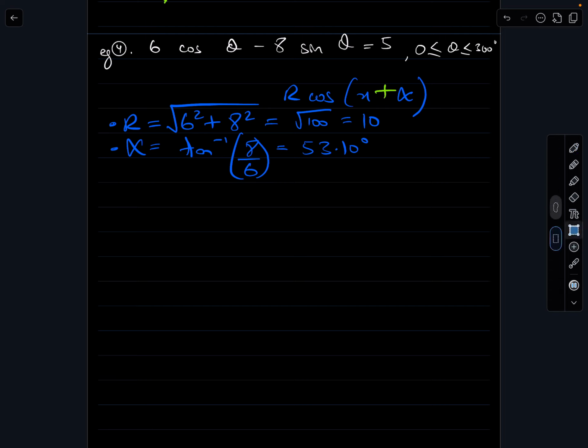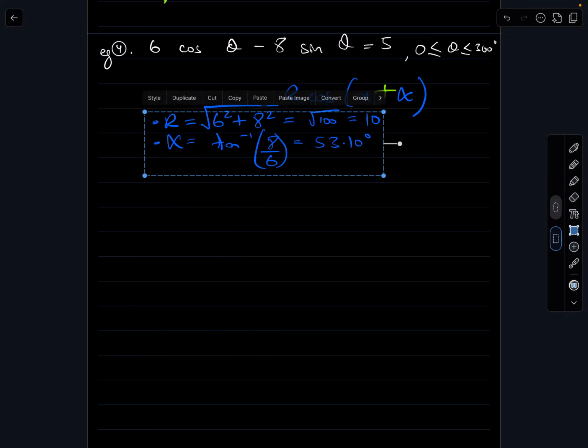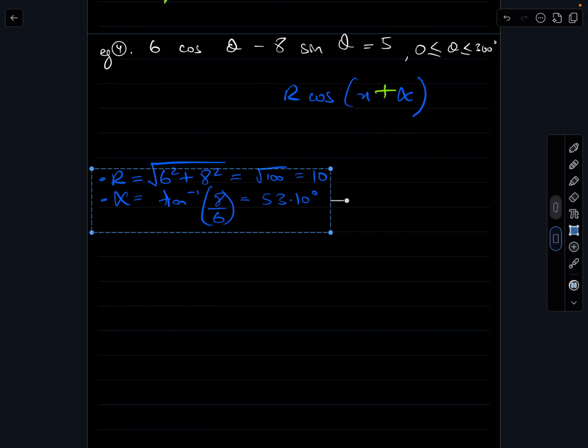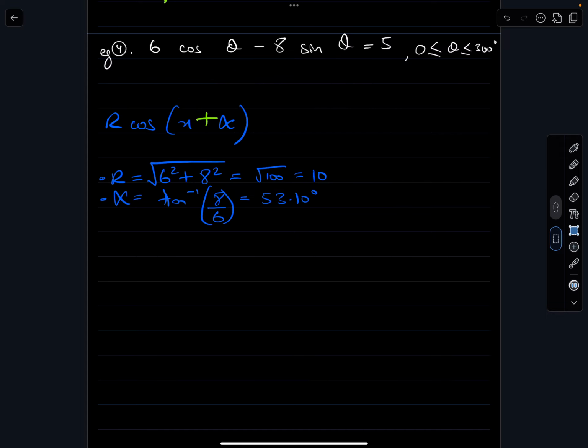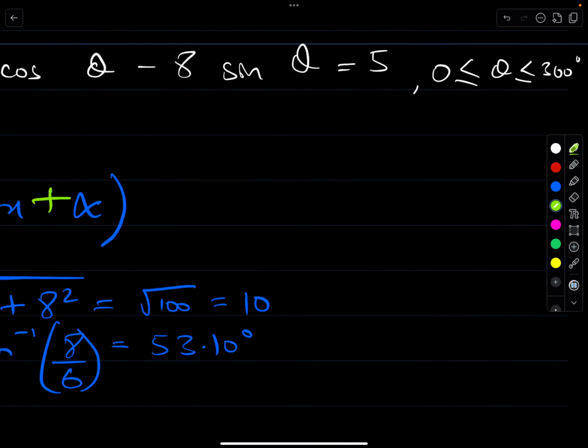Always alter the range first too. So how about I shrink this and move this here, keep this here, and alter the range. So we have 53.1 degrees here.